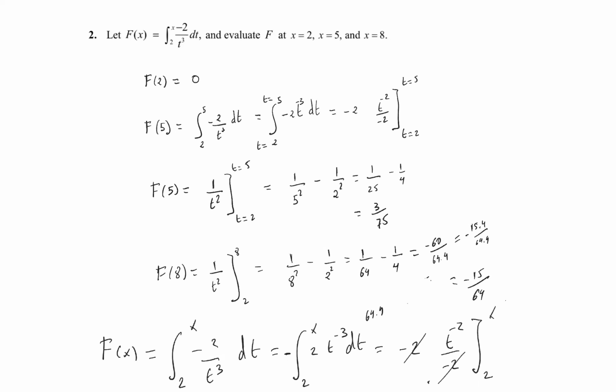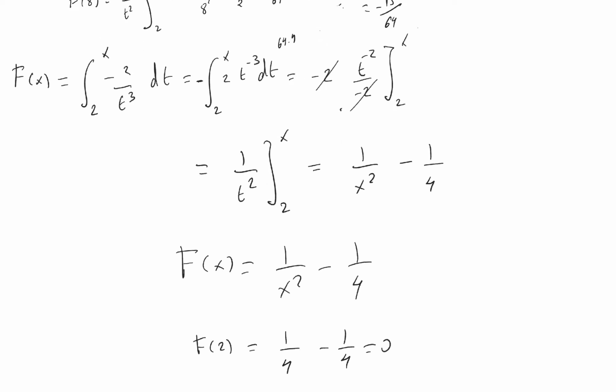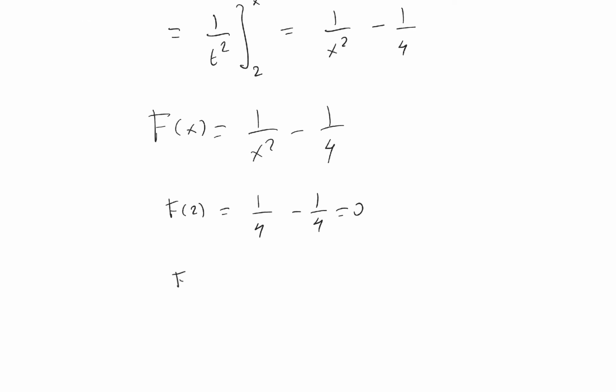F of what? 5? Let's go to 5. Let me see what I found. F of 8. F of 8 will be 1 divided by 8 squared minus 1 divided by 4, which is the same as 1 divided by 64 minus 1 over 4, which is the same as 4 minus 64 divided by 64 multiplied by 4.